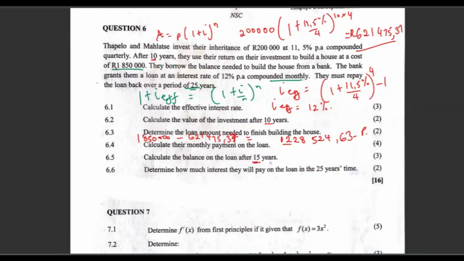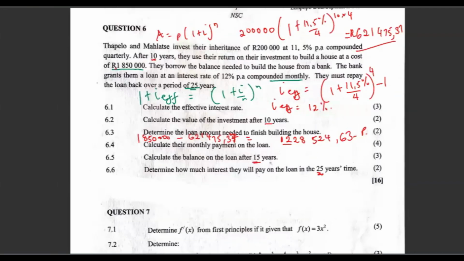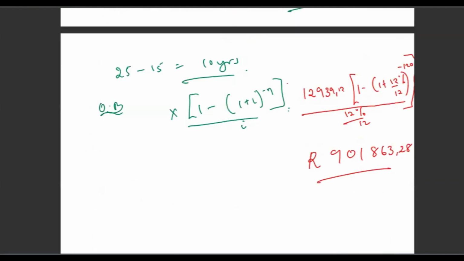Then determine how much interest they will pay on the loan in 25 years' time. So for us to get the interest amount, let's get how much they're paying per month. Okay, this is 6.6. So 12,939.12 multiplied by, we know that 12 times 25, that's 300.